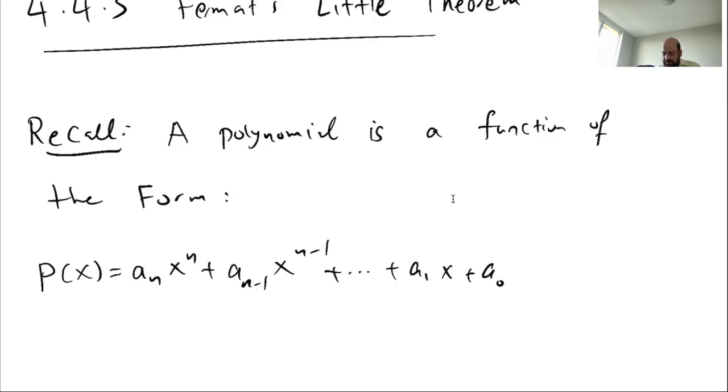So P of x equals an x to the power n plus all the way to a1 x plus a0, and an to a0 are all in Zp, where p is a prime number. And still the leading coefficient an has to be not equal to 0 in Zp.